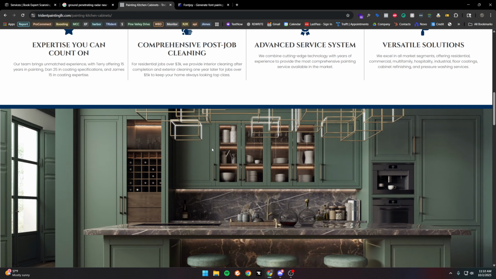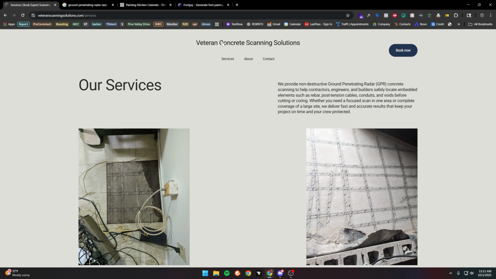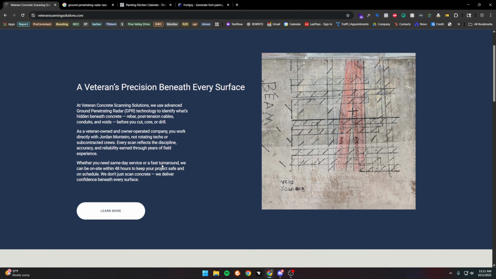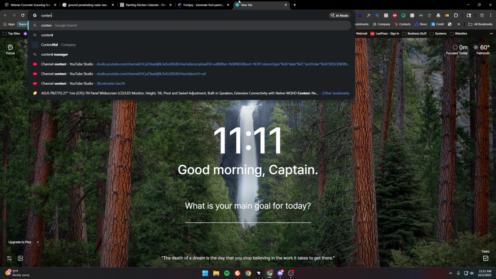in that market. So ground penetrating radar is your most important keyword for SEO, and you're not utilizing it on your homepage. And this is something called content hierarchy. Content hierarchy SEO.